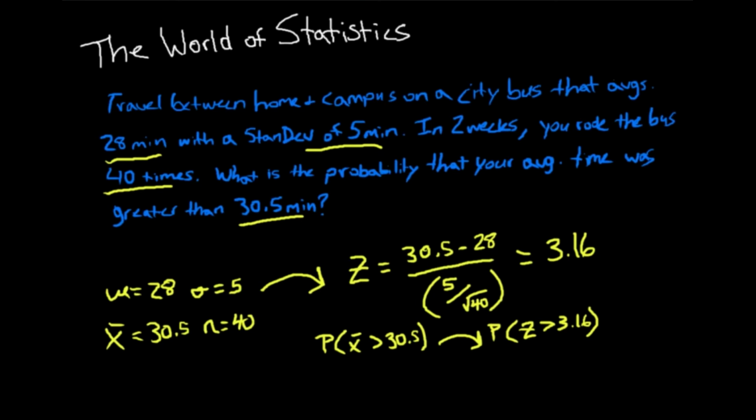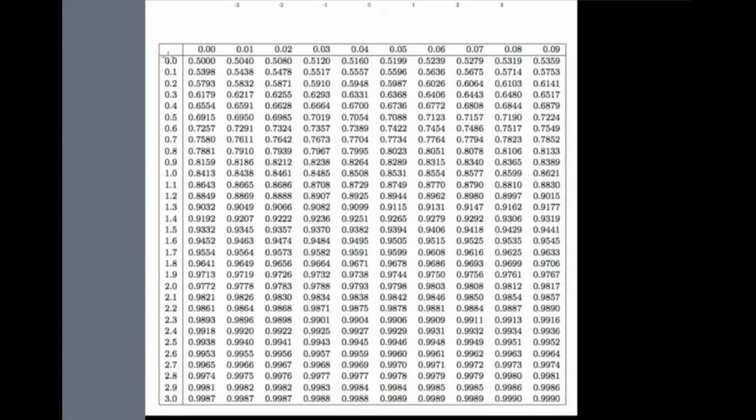So here we are at the positive side of the standard normal table, and we want to find the probability that z is greater than 3.16. Well, the good thing about that is it's actually off the charts because we only go up to 3.0.